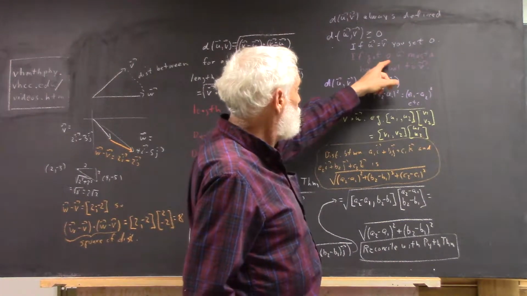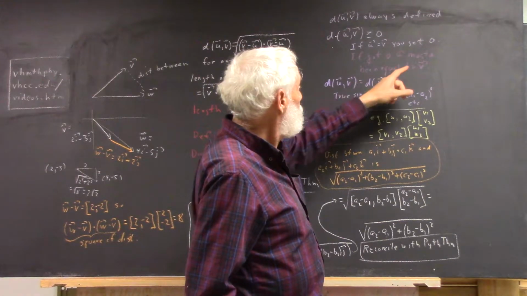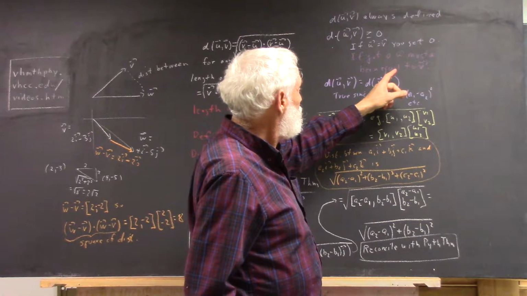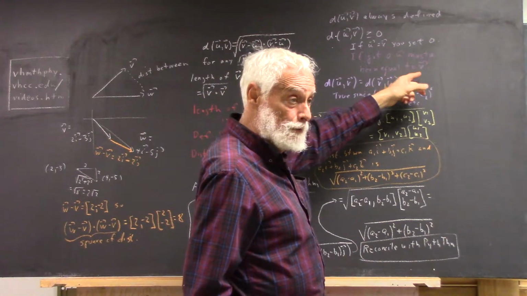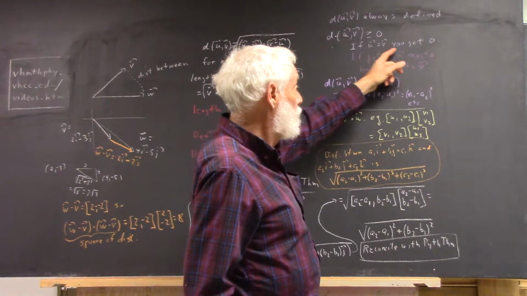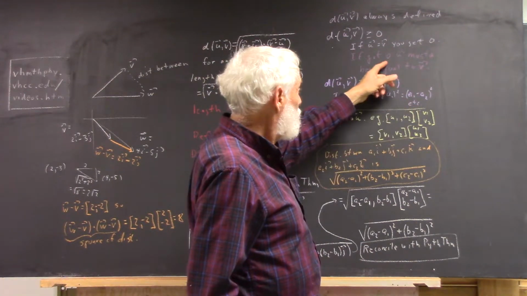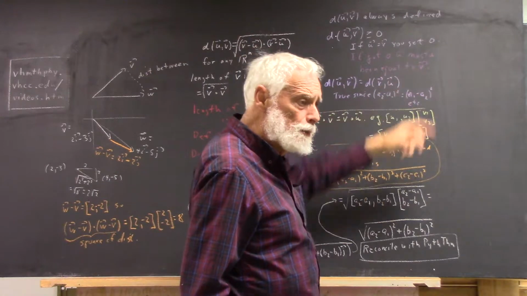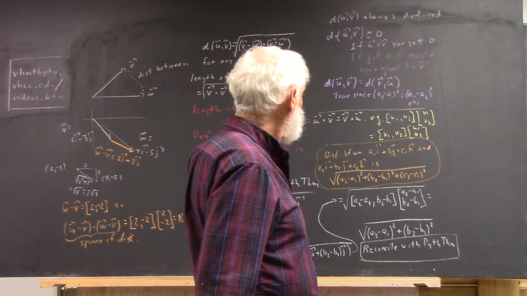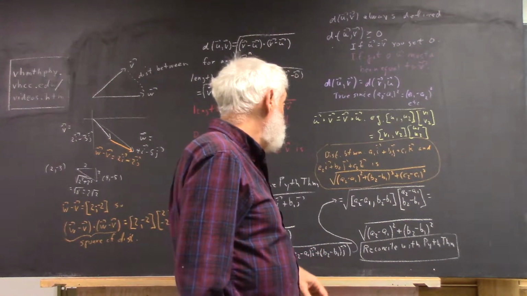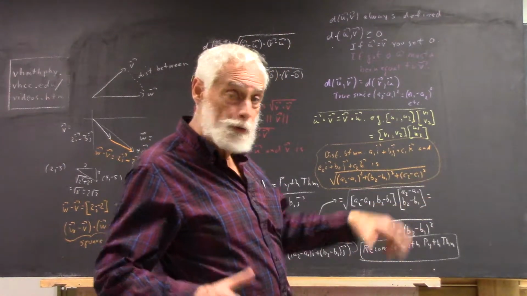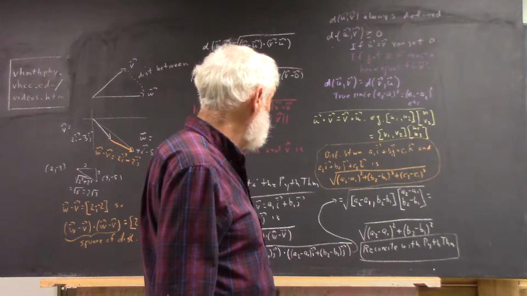Now, if you got 0, I say U must have been equal to V. Now, that's a different statement. We know if U equals V, you're going to get 0, but if you got 0, does that mean that U had to be equal to V? Well, you want to think about that. I'm not going to tell you. And actually in the other series of videos, we do address that in n-dimensional space.